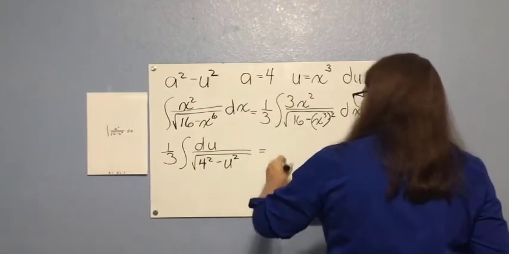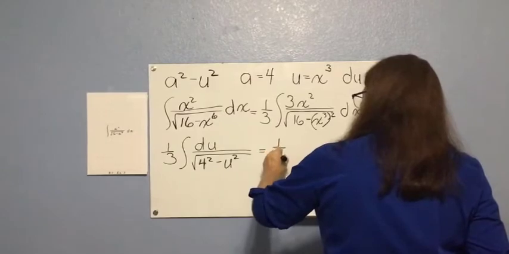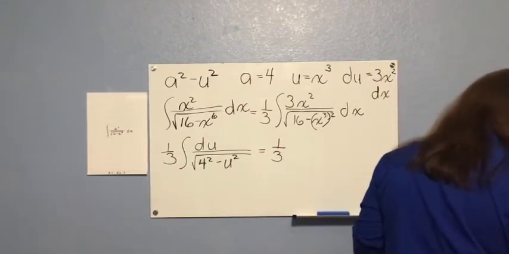And now I'm going to use the arc sine rule again, which is number 18.